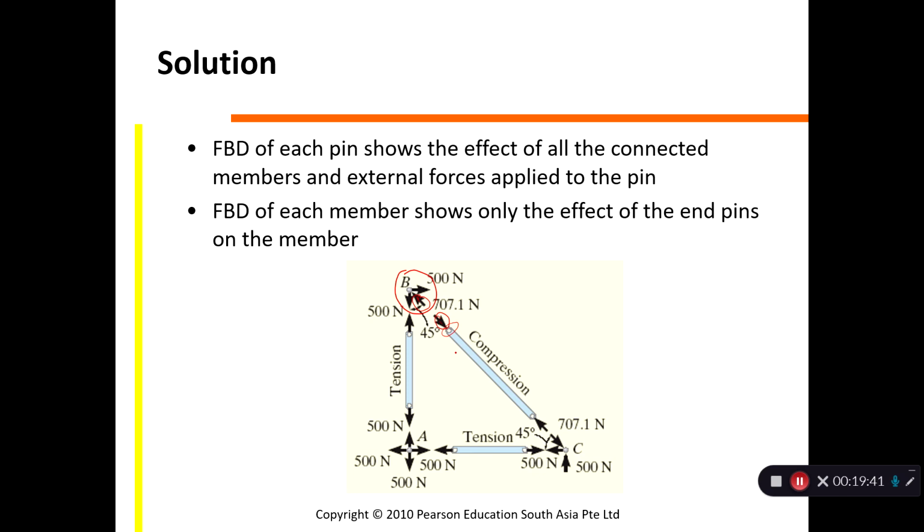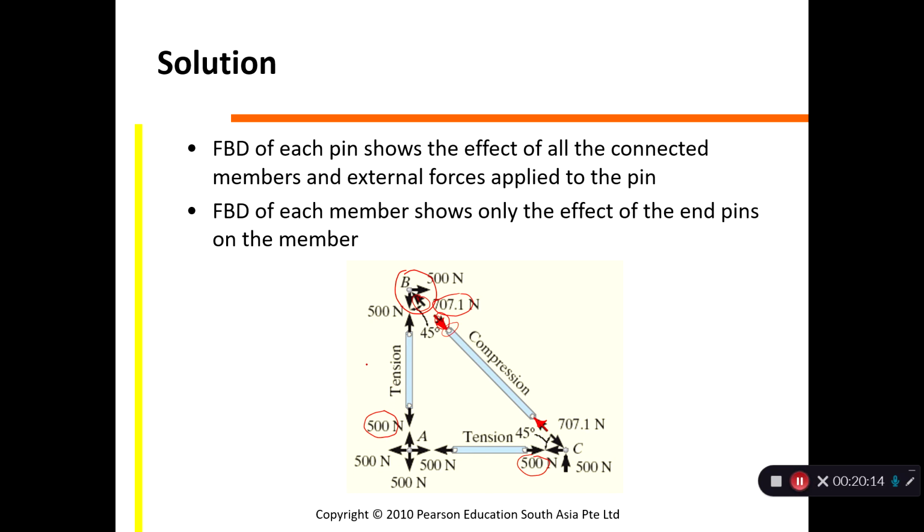Because when we study the member only, you will get these forces, which are compressing the member. Okay, so the answer is you have the forces in BC, and this is in AC, and this is in AB, and they are in compression for BC, tension for AC, tension for AB.